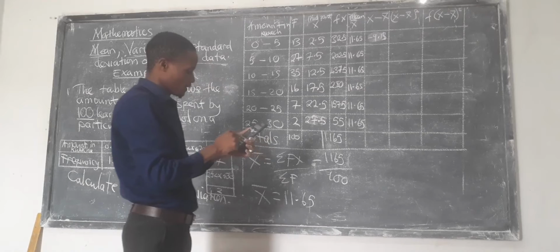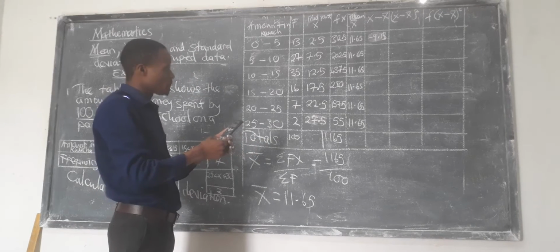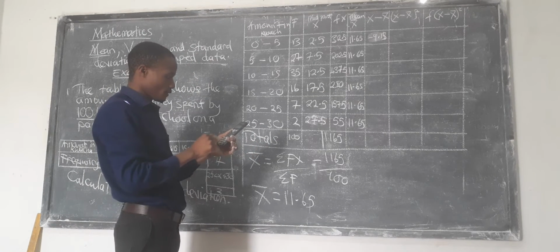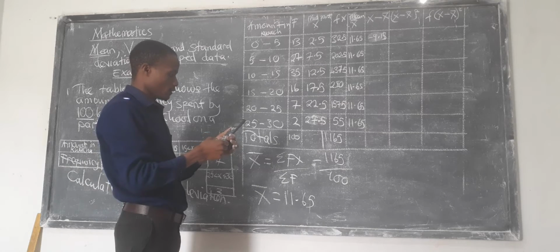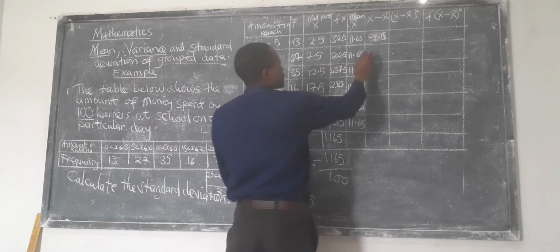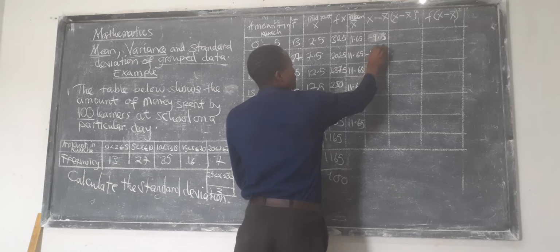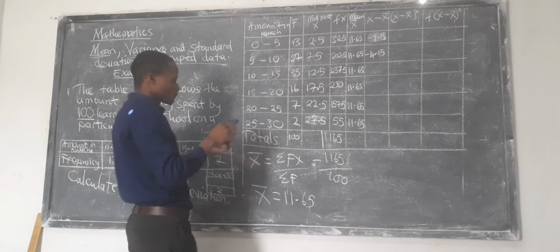7.5 minus 11.65, which gives negative 4.15.